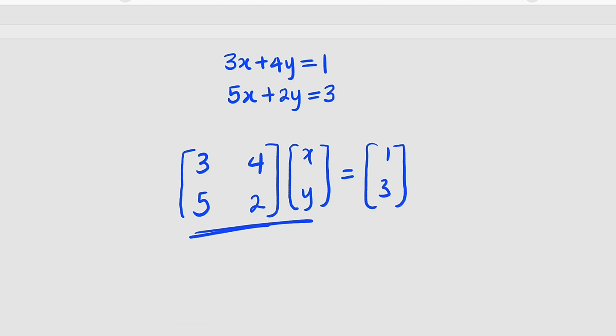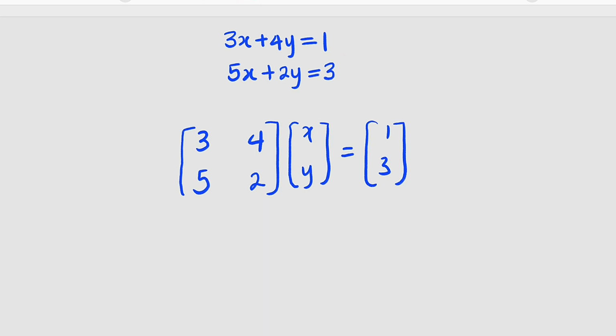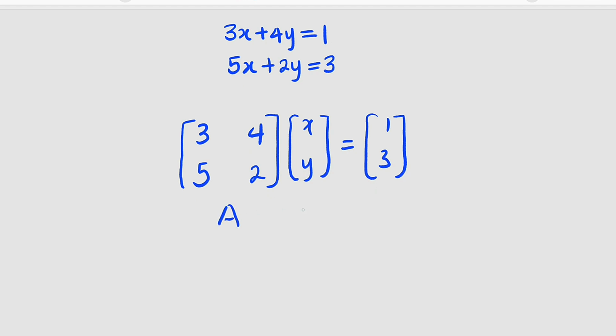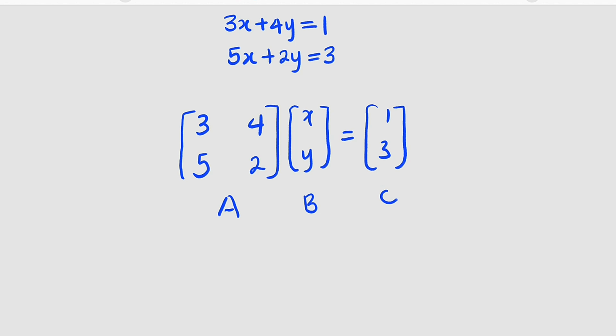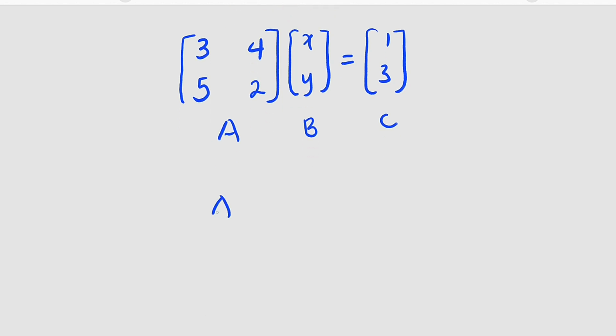If you multiply this, you're going to obtain the equations back, definitely. Let me call the coefficient matrix A, this matrix B, and this matrix C. If you observe, multiplying A by B gives us C, where B is the values of x and y.